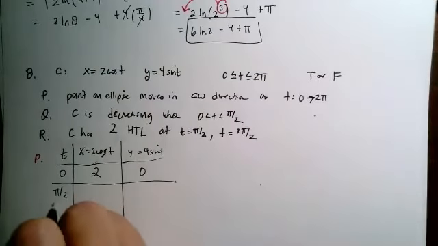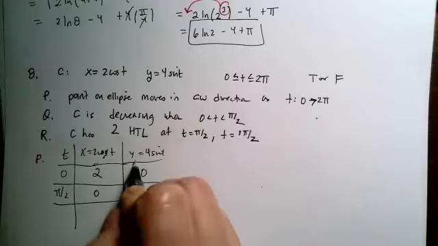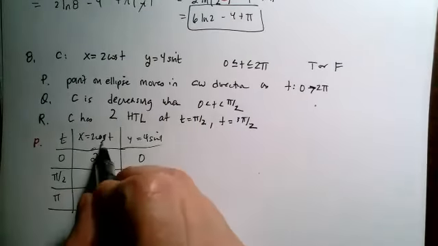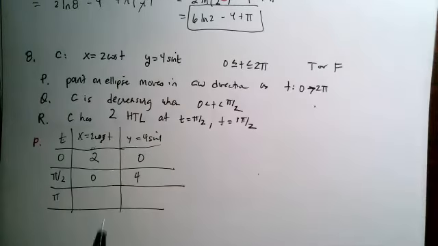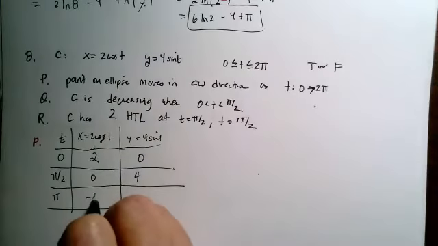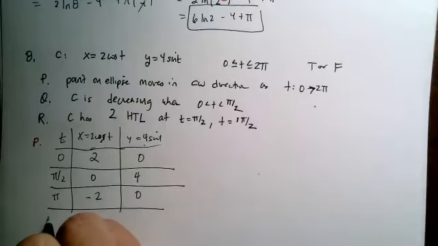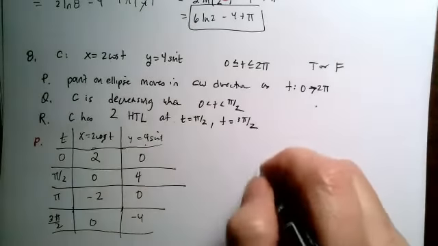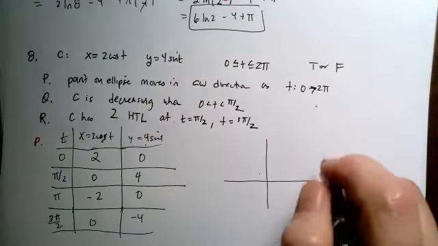Now let me put t is pi over 2. X will be 0. Y will be 4. When t is equal to pi, what's x going to be? Negative 2. Y will be 0. And at 3 pi over 2, 0, negative 4. That's probably enough. So let's plot what we have here.